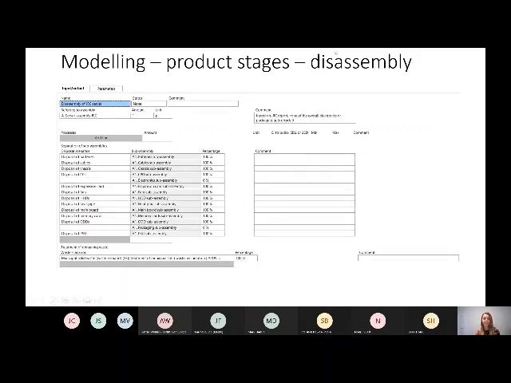And another, maybe last product stage would be the disassembly. As is probably not surprising, we see here, for instance, the server, and of course it comes to disassembly and breaks down into the sub-assemblies which we had modeled earlier. But what happens here is that we connect these sub-assemblies with the waste scenarios that I had showed you with the main board.